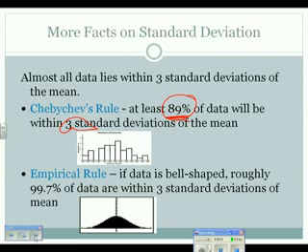If we have a normal distribution, remember I talked about how special the normal distribution was and how we really liked it as statisticians. If we have a normal bell-shaped distribution, then 99.7%, an astronomically overwhelming majority of our data, will be within 3 standard deviations.